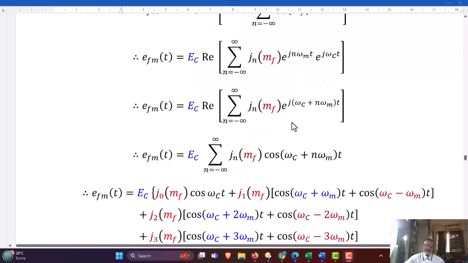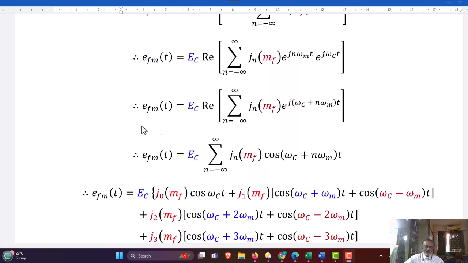Whereas again we will use the exponential term expansion e^(jθ) is equal to cos θ + j sin θ. Whereas cos θ is nothing but the real part. So here the real part of e^(j(ωc + nωm)t) is nothing but cos of (ωc + nωm)t.